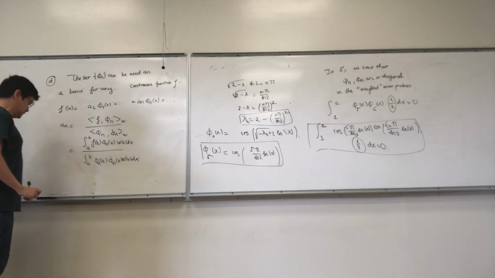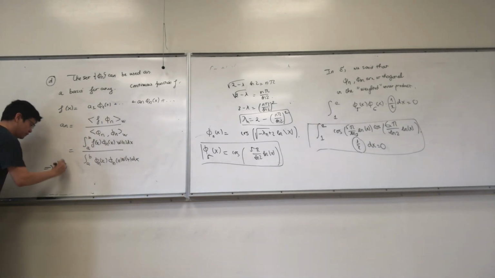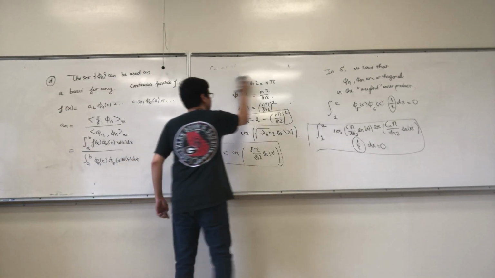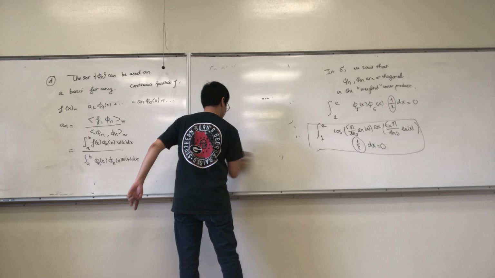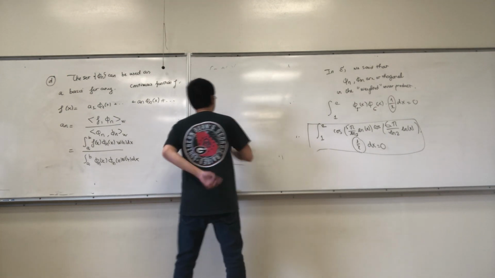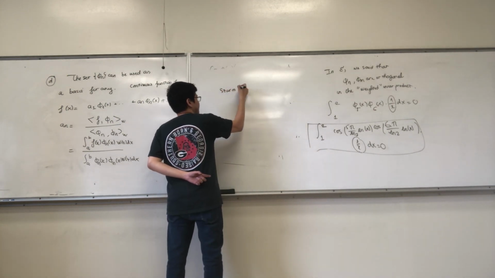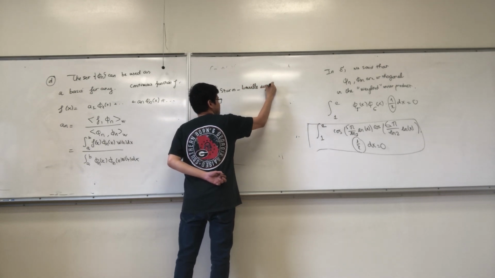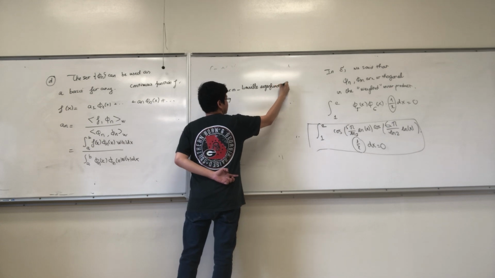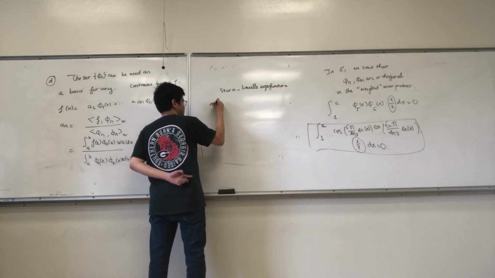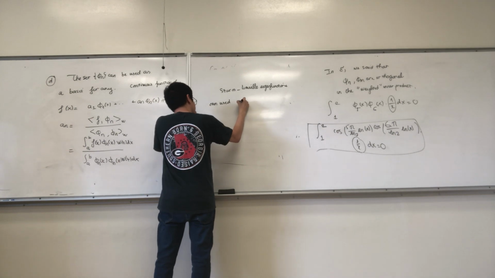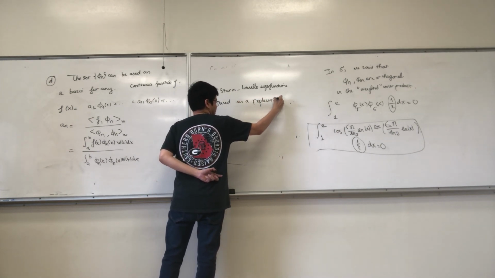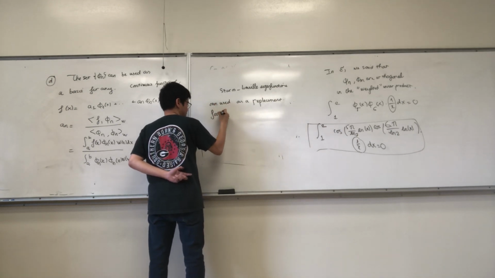So in other words, the Sturm-Liouville eigenfunctions phi n can be used as a replacement for Fourier series.